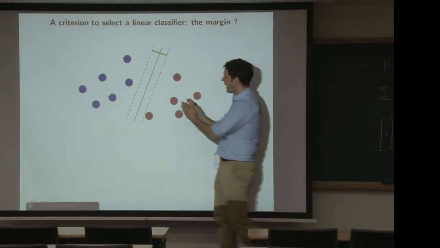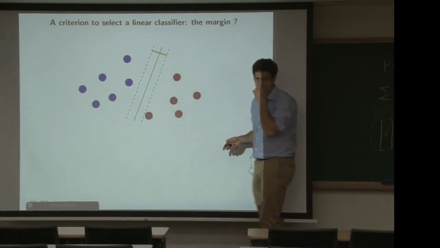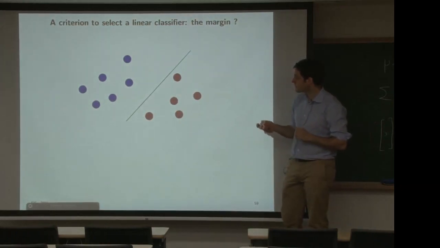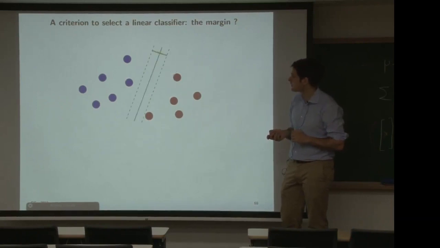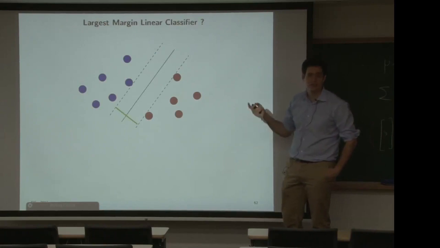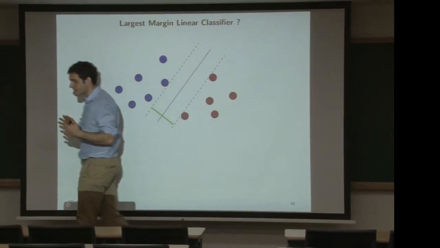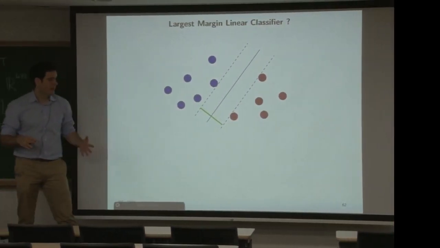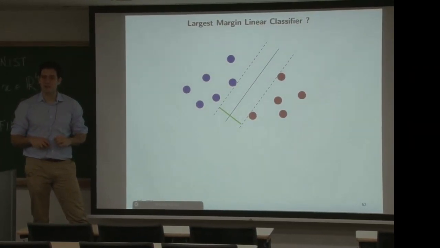And the buffer is how far can you go on both sides until you touch one point. Okay? So obviously the buffer for this line is smaller than the buffer for this one. So if you think that it's good to have a big buffer, which line should you select? And this is exactly what the SVM tries to do. It will run an algorithm that will maximize the size of that buffer, and then we'll decide that this is the best possible separation hyperplane.